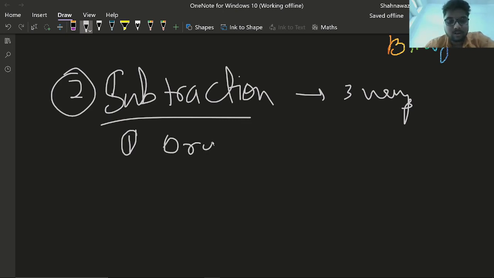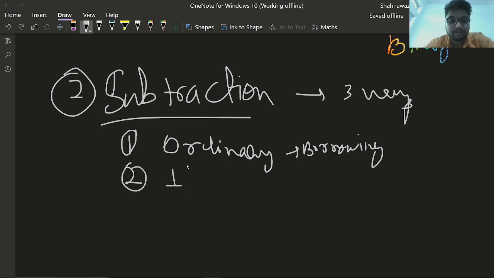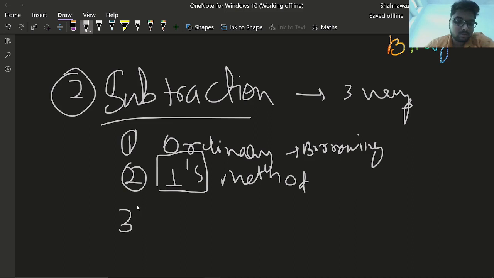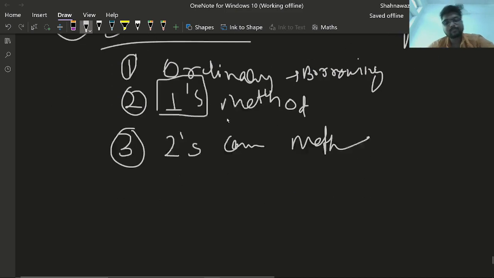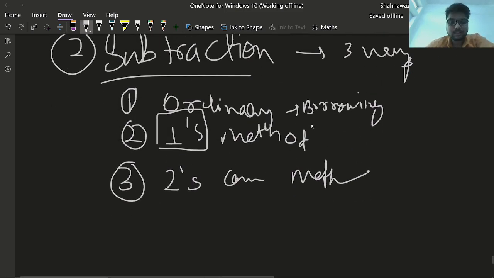Then we have the ones complement method, and during the ones complement method I will also tell you how to find ones complement. And then there is the twos complement method.